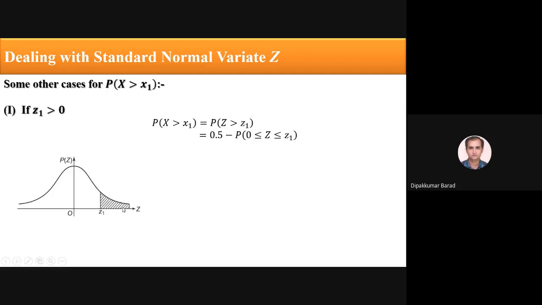Z greater than Z1 means all Z on this line greater than Z1, and under the curve we get this area. We want to find this area. As we know the whole area on the right side of the y-axis is 0.5, we have to subtract the area 0 to Z1. So 0.5 minus the probability of Z greater than or equal to 0 and less than or equal to Z1.